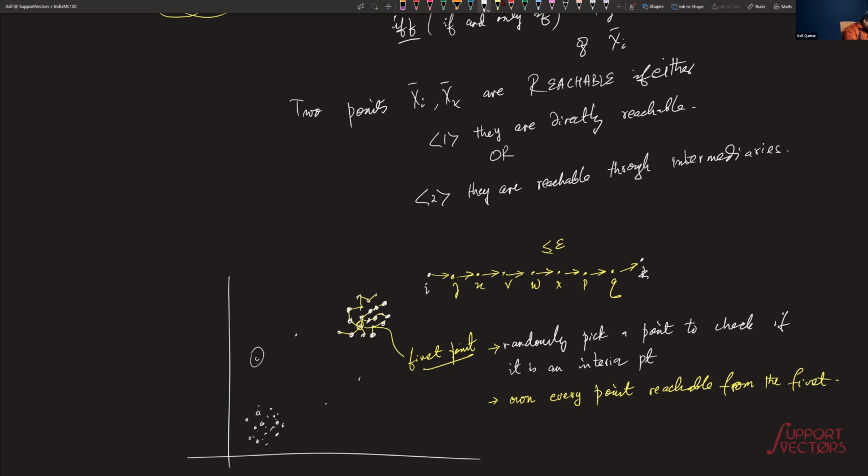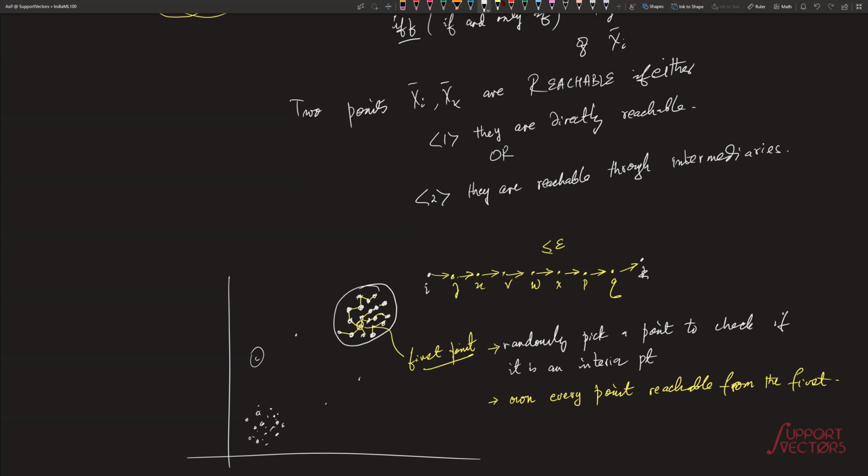If only we make reachable hops, we check which points are reachable from this point, you agree that we would end up owning the entire cluster. Guys, am I making sense? Yes, sir. Is it straightforward to understand?